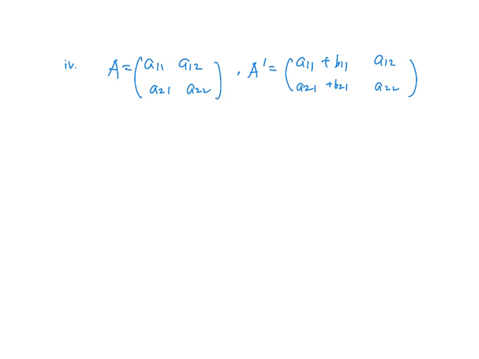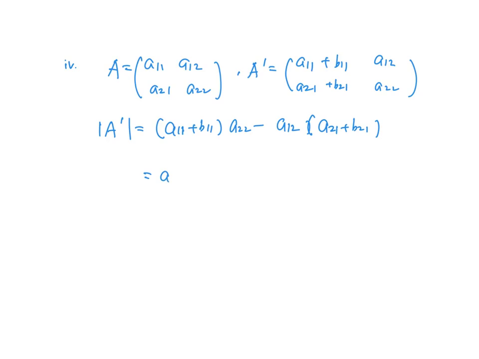So if a particular column is added by another column, then determinant A prime is A11 plus B11, A22 minus A12, A21 plus B21.